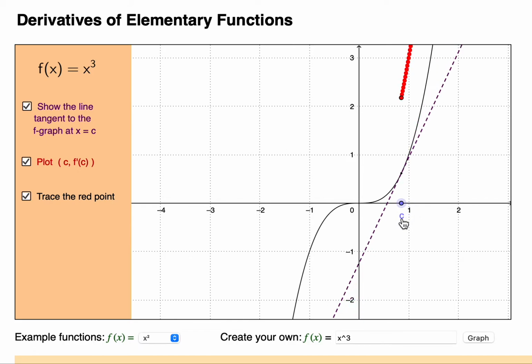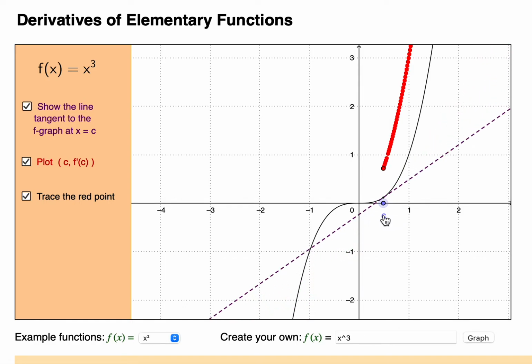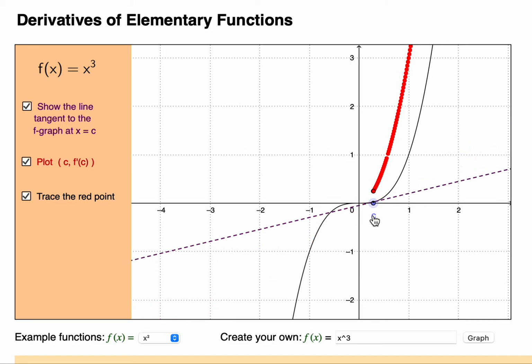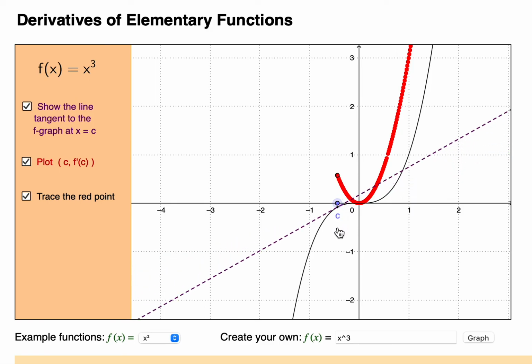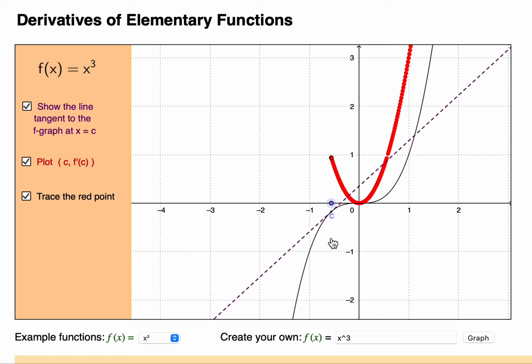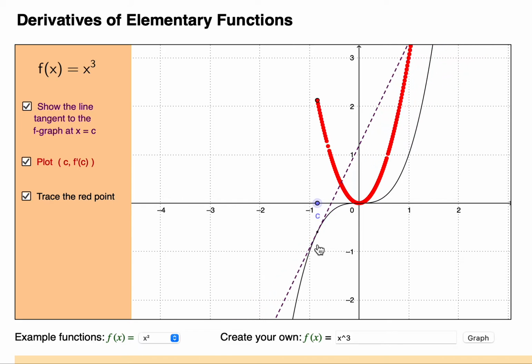But as I move this way, the slope is getting less and less, so the slope value, the red line, is coming down all the way to 0. Horizontal slope touches y equals 0, and then as I go this way, the slope is increasing again to positive values.